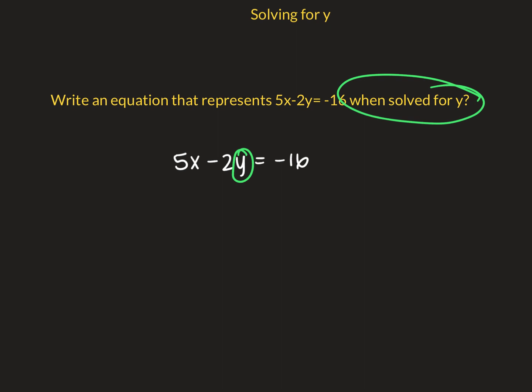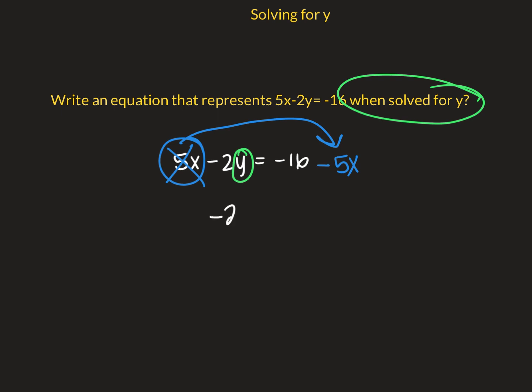Now, I have this 5x right here that I don't want there because I'm trying to get that y by itself on the left. Since it's a positive 5x right now, when it crosses over to the right side, it becomes a negative 5x. So now it's negative, and it's no longer there on the left.